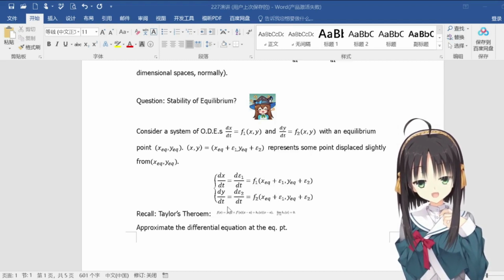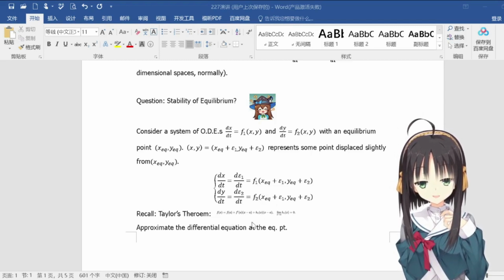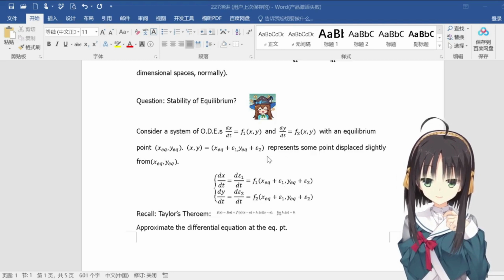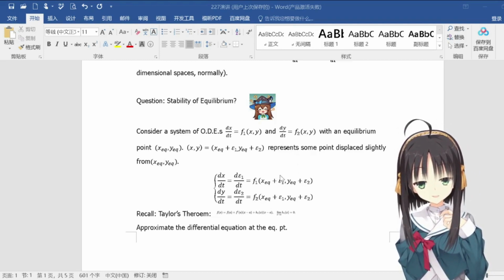Okay, here, f(a), in our ODE, will be the value of f at the equilibrium point. And here, the first order derivative of f, we need to introduce the concept of partial derivatives. Yeah, a partial derivative of what?